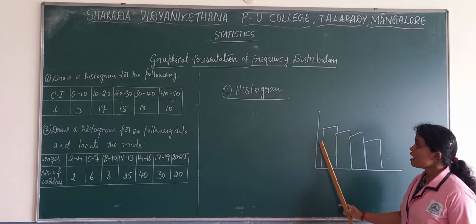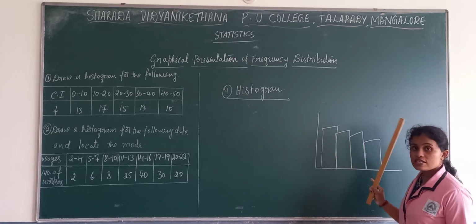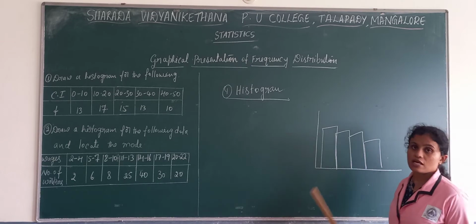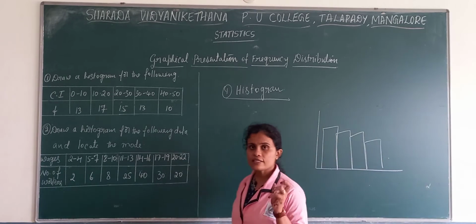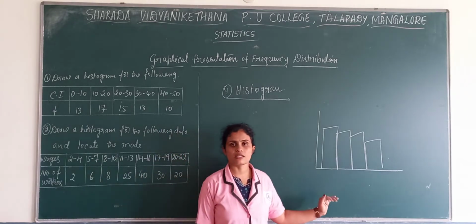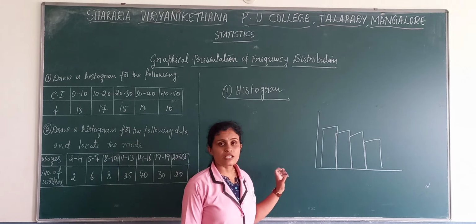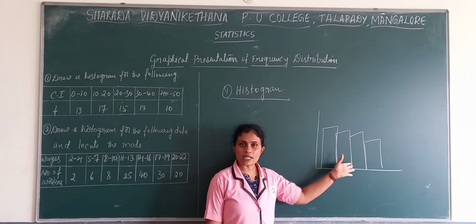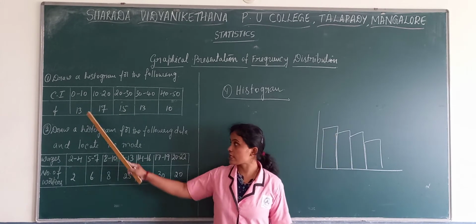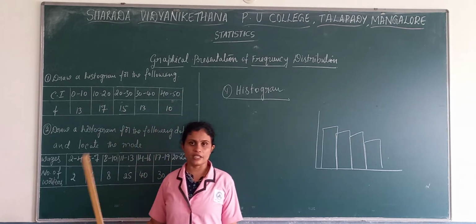A histogram is a set of adjacent rectangular bars. Write a note on histogram: a histogram is constructed for continuous frequency distribution and it is a set of adjacent rectangular bars whose height is according to the class frequency and width is according to the width of the class intervals.